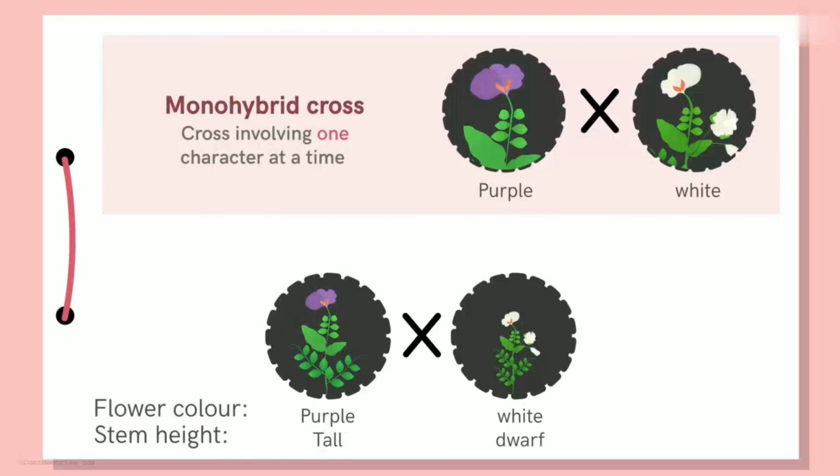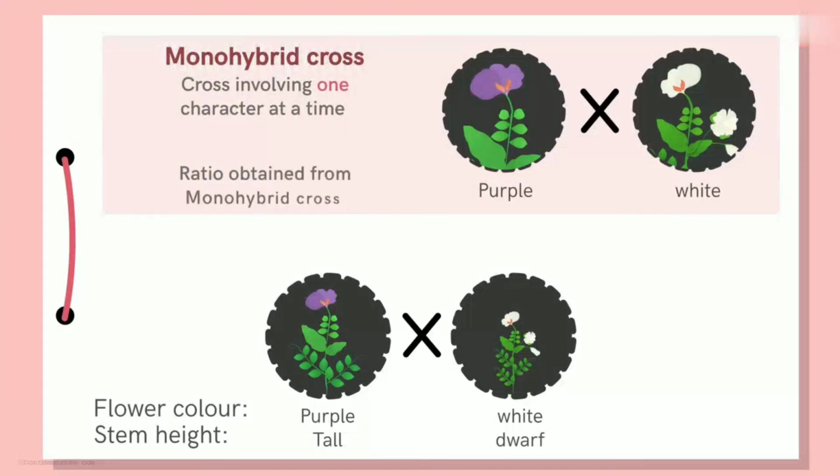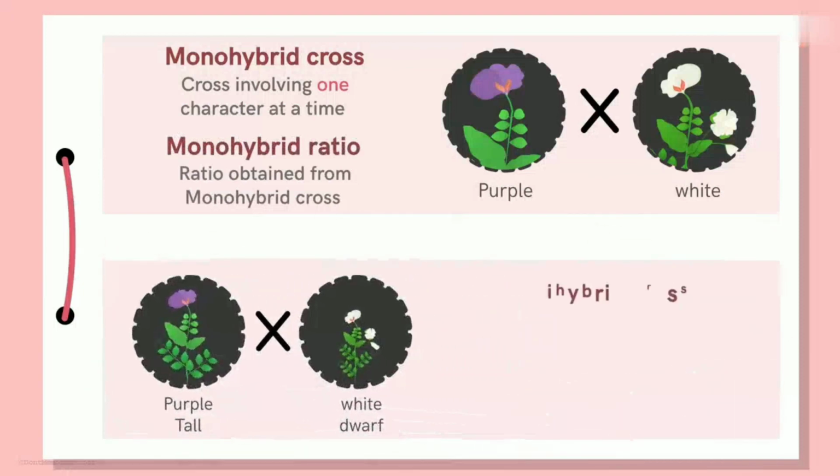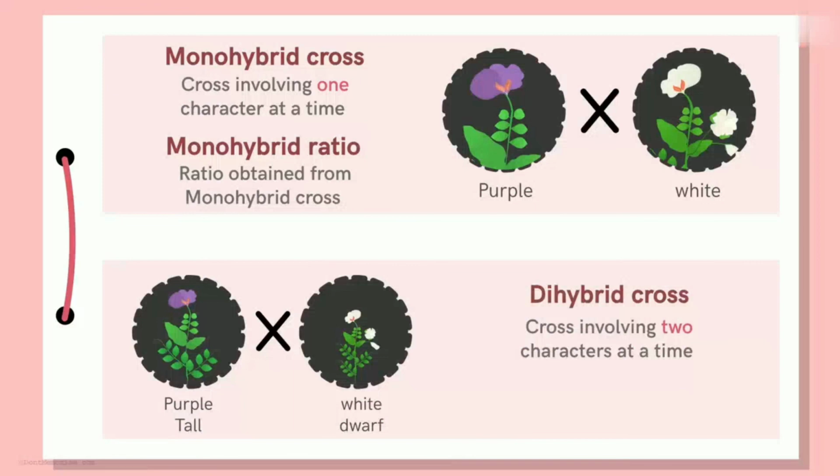So whatever we've learned so far was a monohybrid cross. And the ratio obtained after the cross is nothing but a monohybrid ratio. How is a dihybrid cross, that is a cross involving 2 characters at a time, carried out then? And what about the dihybrid ratio? Let's get to know that in the next part.